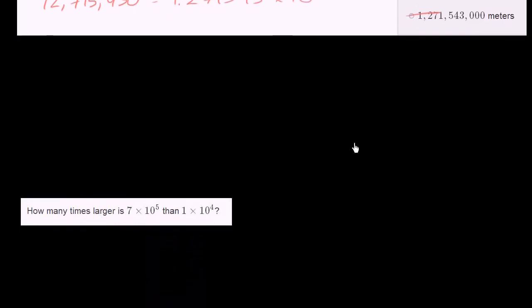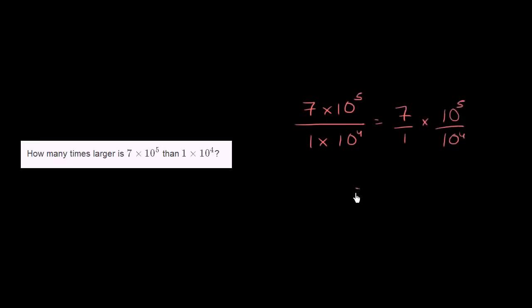So here we're asked, how many times larger is 7 times 10 to the 5th than 1 times 10 to the 4th? Well, we could just divide to think about that. So 7 times 10 to the 5th divided by 1 times 10 to the 4th. Well, this is the same thing as 7 over 1 times 10 to the 5th over 10 to the 4th, which is just going to be equal to, well, 7 divided by 1 is 7.